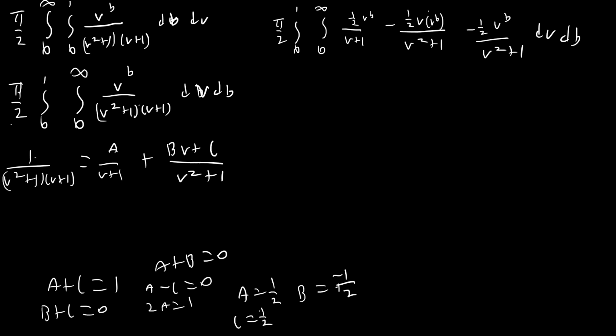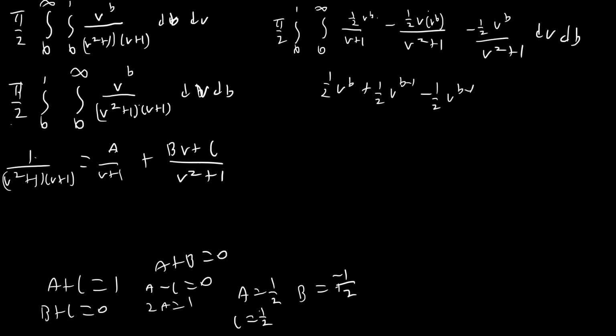So if I go ahead and add, I just need to do some weird division here. So I'm going to add, we have 1/2 v^b. I'm going to add 1/2 v^(b−1) and subtract 1/2 v^(b−1).